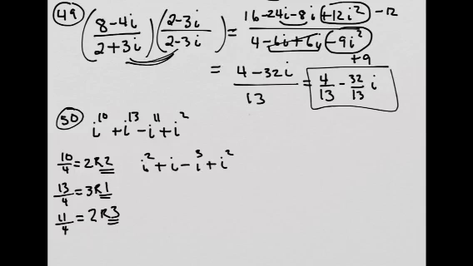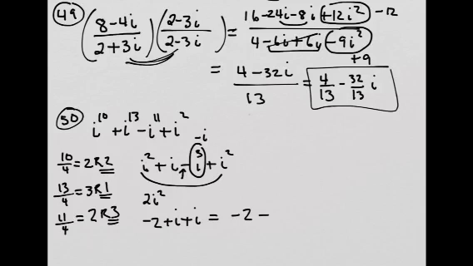Okay, so i squared and i squared is 2i squared. And so that's going to give you negative 2. And then I have plus i, and then i cubed is negative i. But there's a negative there already, right? So negative times negative is positive, so it's plus i. So the answer would be negative 2 plus 2i.